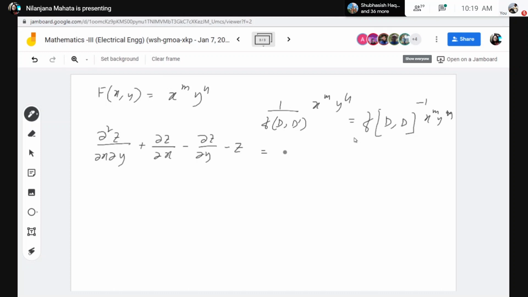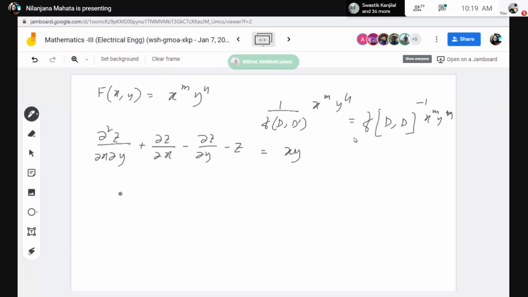Okay, so the given problem is only xy. So your m is 1, n is 1. It may be of any order, but since this order is lower, it will be simple. Otherwise, it will be a little bit complicated, nothing else.